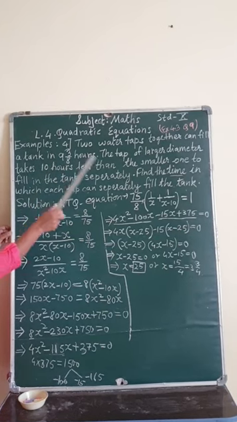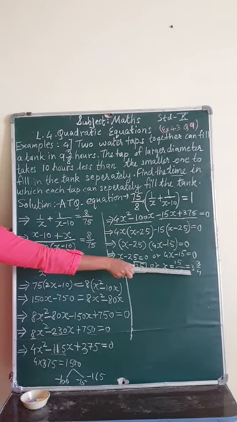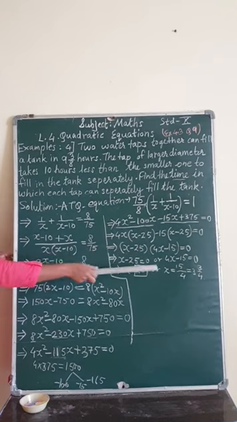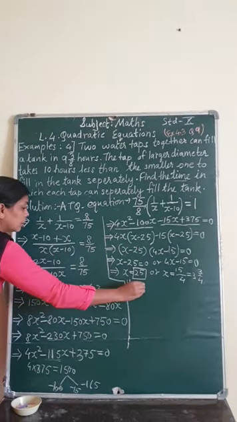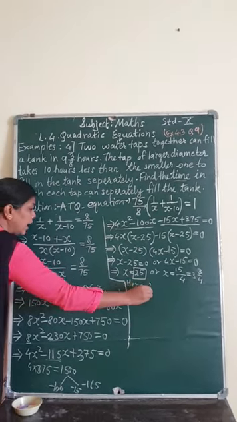So 9 hours means greater than this. So a smaller tap cannot fill in this. So hence x cannot be equal to 15 upon 4. Why? I have given you the reason. Because it should be greater than 9 whole 3 upon 8 hours. And that's why the required answer is this.